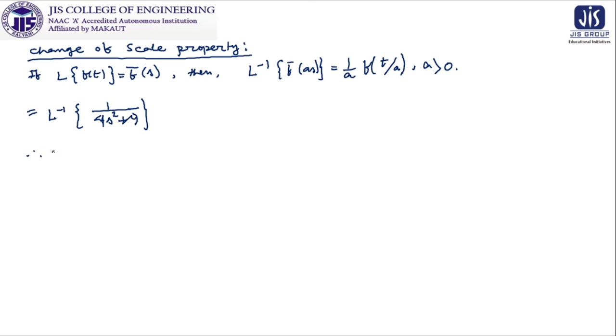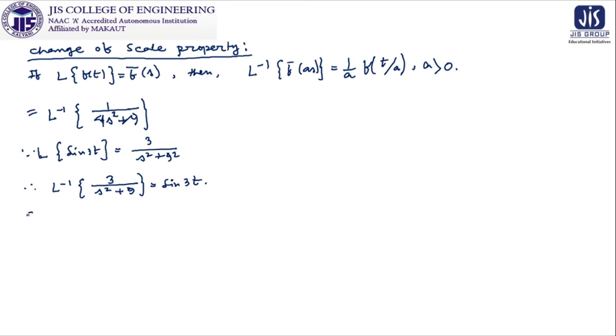We can start with the Laplace transform of sine 3t, which is equal to 3 by s square plus 9. So we can write it as Laplace inverse of 3 by s square plus 9 is nothing but sine 3t.